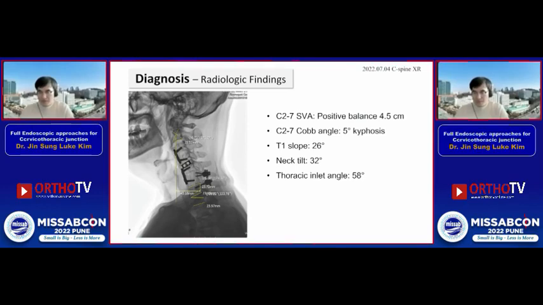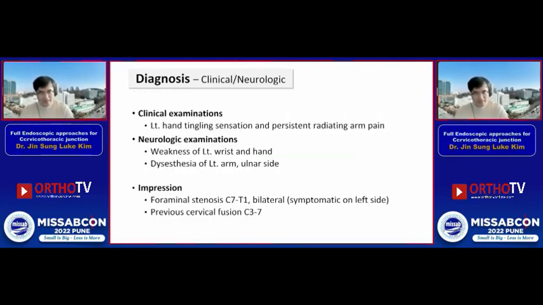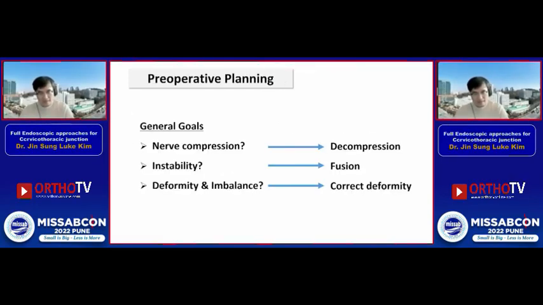I have measured the SVA, Cobb's angle, T1 slope, and neck tilting as well as thoracic inlet angle, right? And the patient's diagnosis, neurologic and clinical status. So we have sort of a surgical solution for that. Just for nerve decompression, I think decompression might be enough.